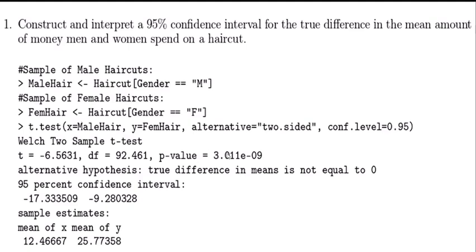The p-value is less than 0.05, so you reject. There is a significant difference between the mean amount of money spent by men and women on haircuts. I just want you all to take note of that.